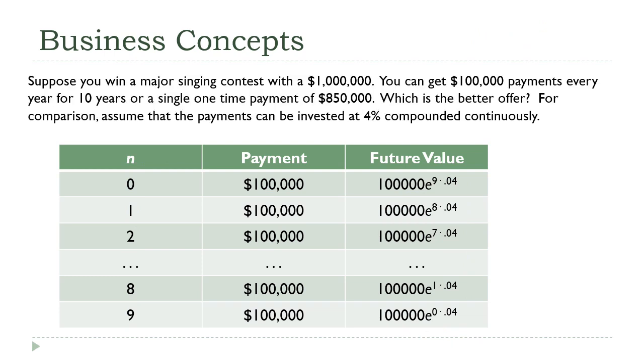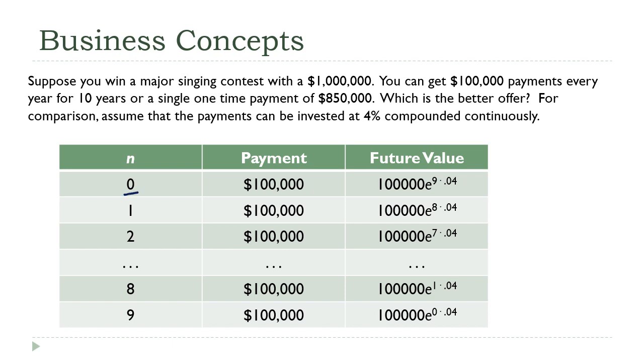Okay, so let's take a look at the same question and do it from the other direction. Instead, I ask myself, what is the future value of each of these two payment scenarios? Now we can walk through the table here.